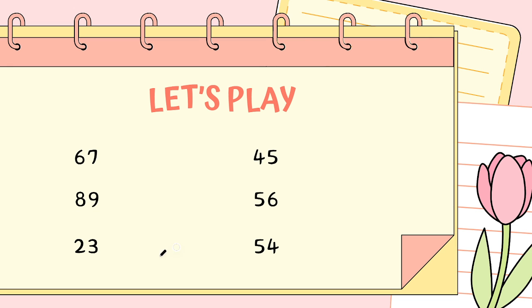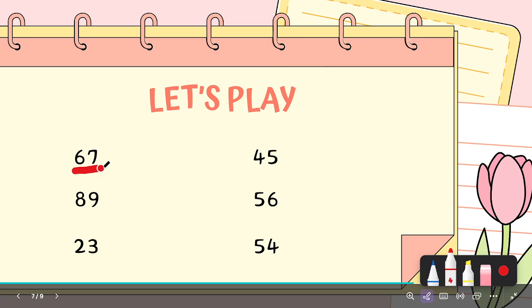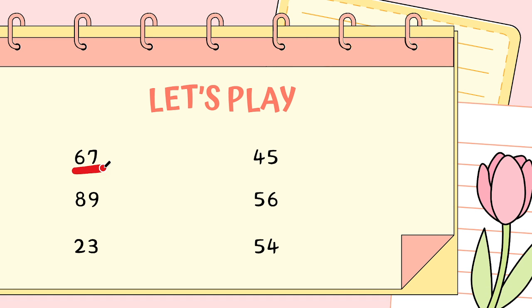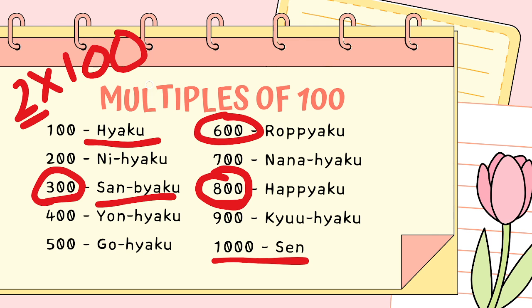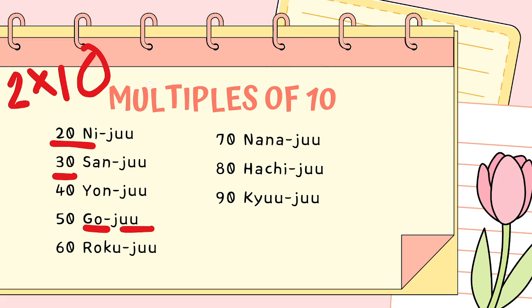Now what do we say for 67? 67 is equal to 60 plus 7. First we will see what is 60, then we will add the word for 7.